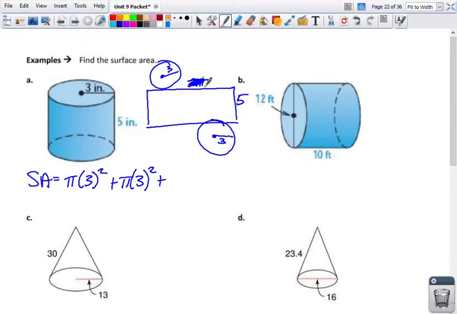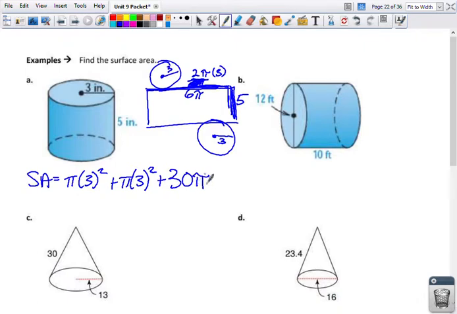That's 6 pi. 2 times pi times 3, my radius. So that's 6 pi. So I'm going to add on base times height, or I'll call this maybe the base and that the height. And so this is going to be plus 30 pi.